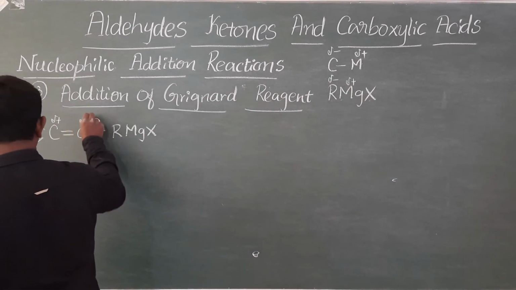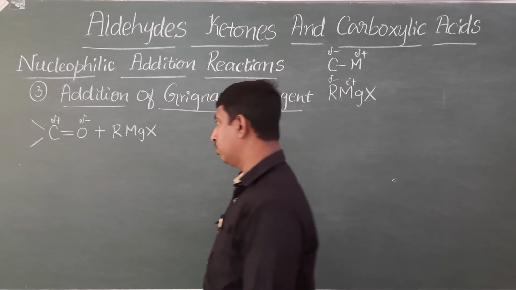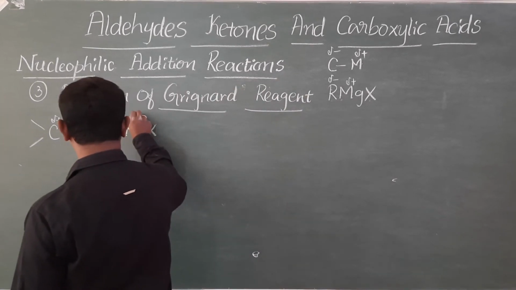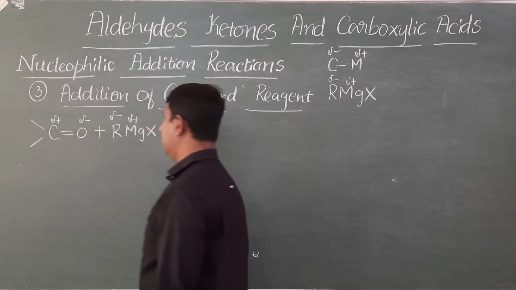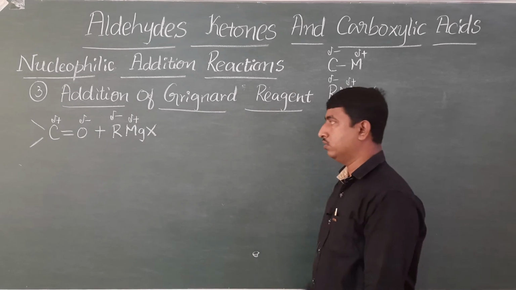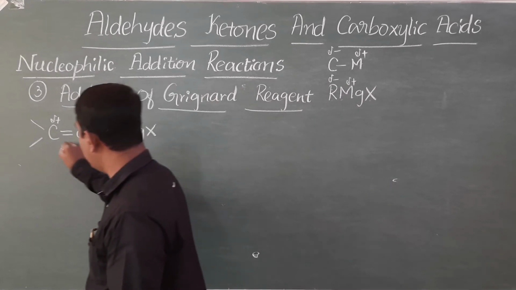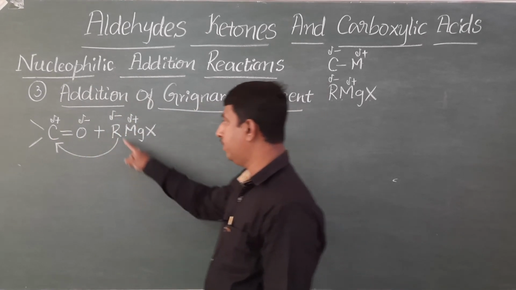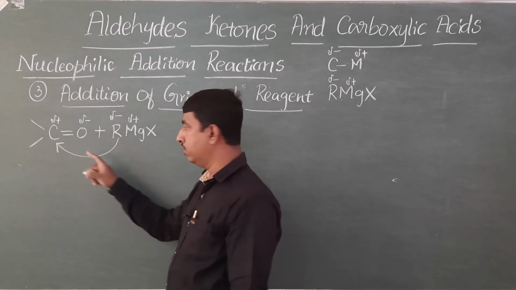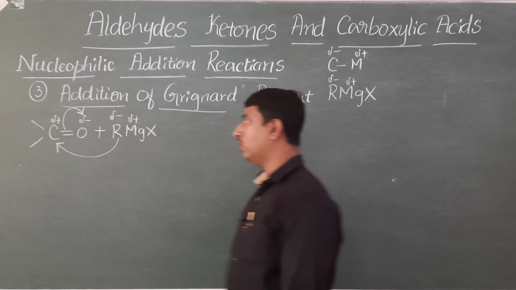In the carbonyl group, carbon carries a positive charge and oxygen carries a negative charge. In the Grignard reagent, the magnesium metal carries a positive charge and carbon carries a negative charge. So carbon is the nucleophile, and it will attack the carbonyl carbon. Once nucleophilic attack occurs here, the electrons get completely shifted to oxygen.